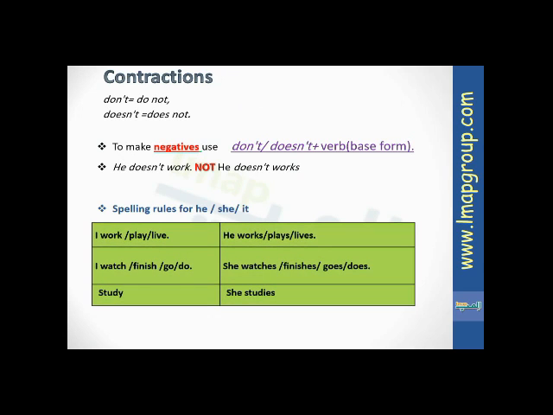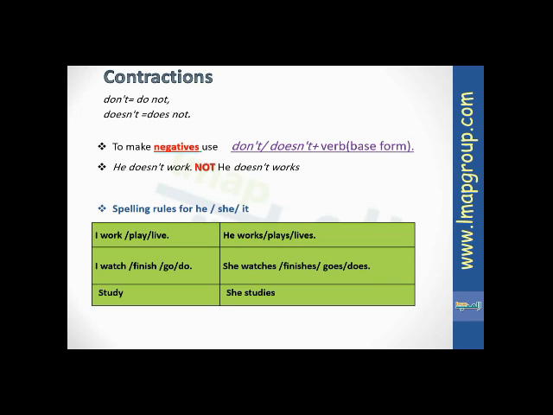Okay. Now look at the spelling rules for he, she, it. I work, I play, I live. من کار میکنم، من بازی میکنم، من زندگی میکنم. He works, he plays, he lives. او کار میکند، او بازی میکند، او زندگی میکند. I watch, she watches.